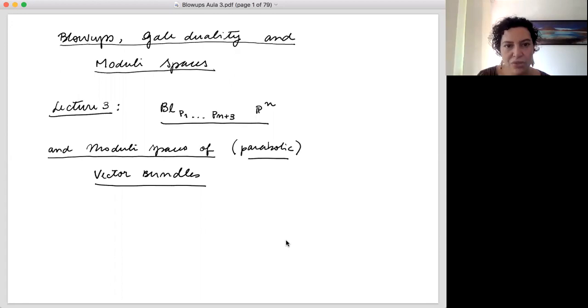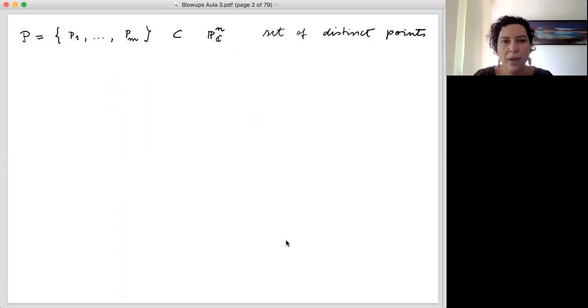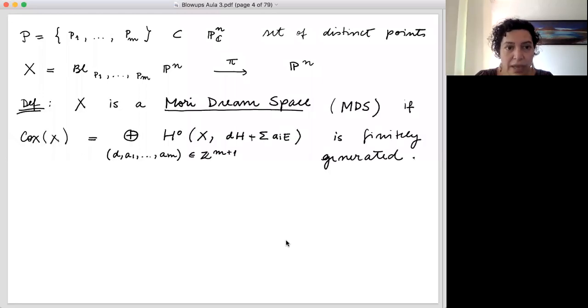Okay, so let me start by recalling where we are. Yesterday we were looking at sets of distinct points in the complex projective space Pn, and we considered the blow up of Pn at these points. And then we introduced the notion of Mori dream space. We say that a blow up X is a Mori dream space when the Cox ring of X, that is the ring formed by all global sections of all line bundles on X, is finitely generated.